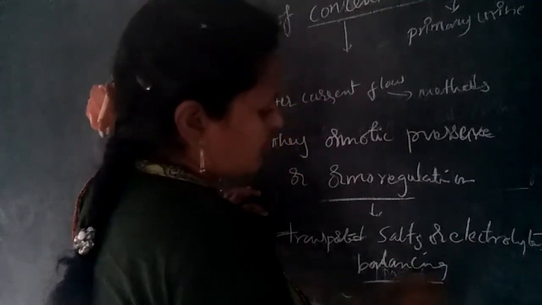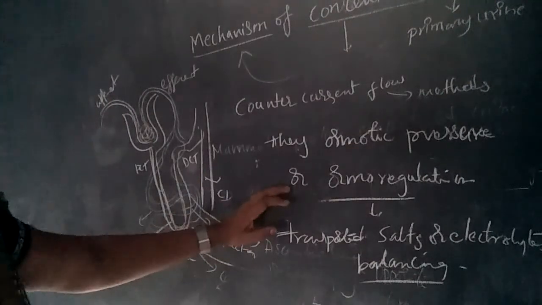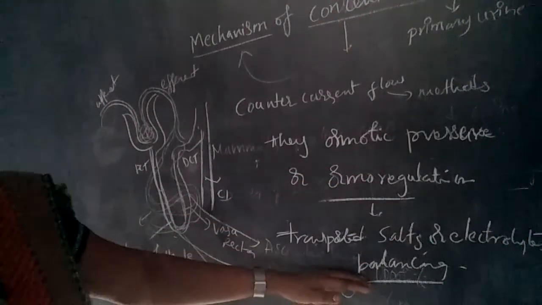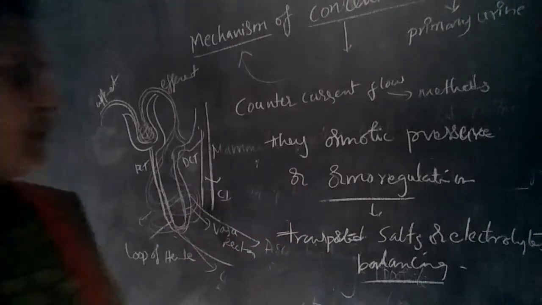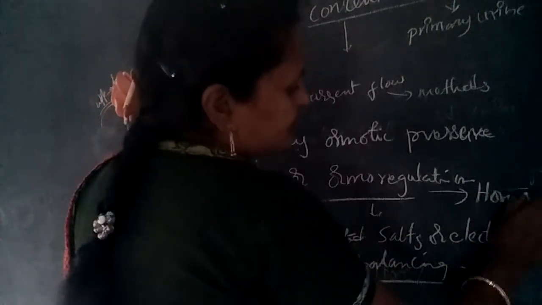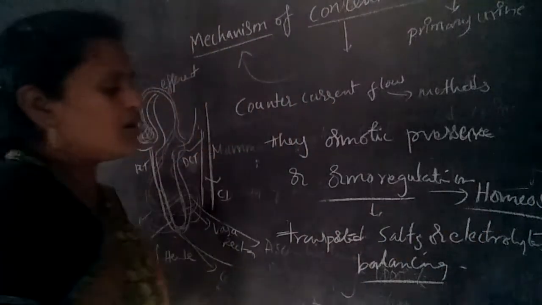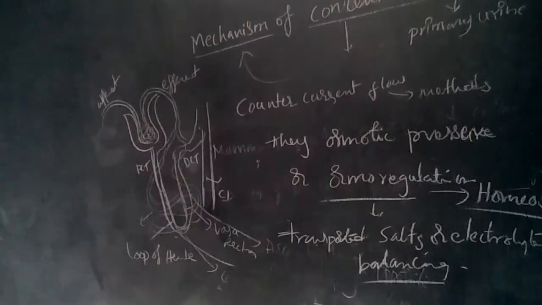Water balancing is also called osmoregulation. So they maintain the electrolytes and water balance. It is also called homeostasis.